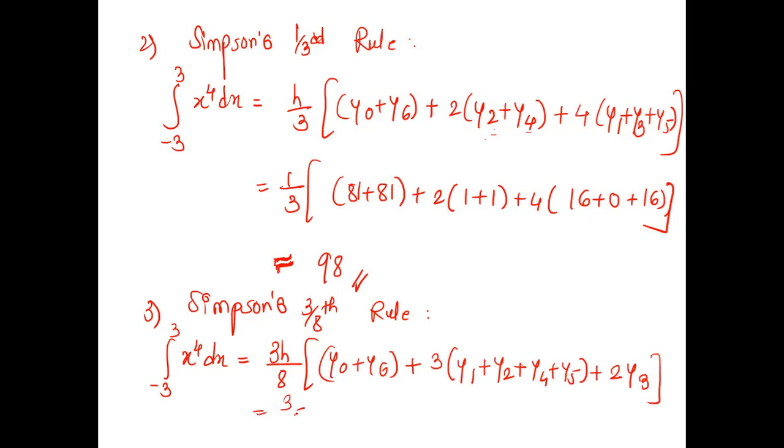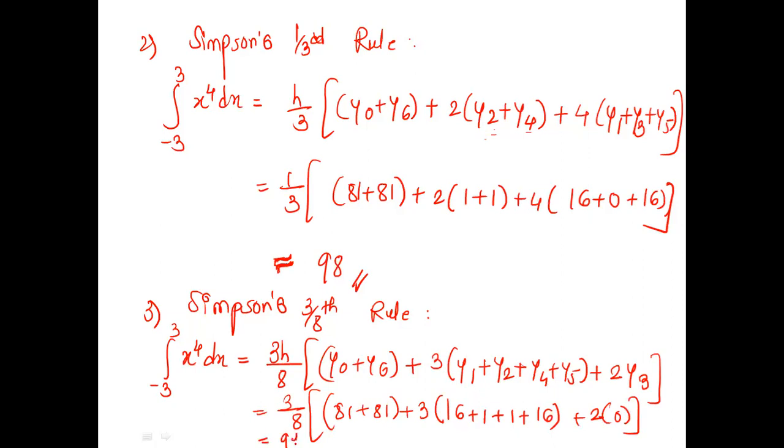Do this. 3 by 8, 81 plus 81 plus 3... y3 is 0. Solve this. 99. Okay, 99. Everyone please check whether it is correct.